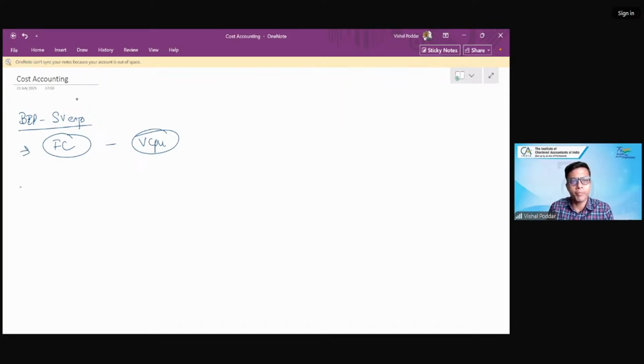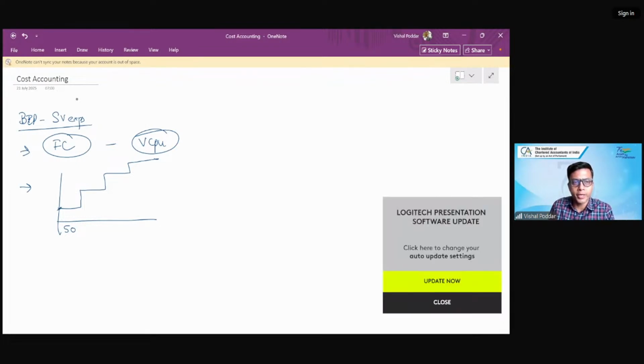But the second one, where your semi-variable cost is like this, in your case it is the production run cost. Let us say in one run, I can make, for example, 50 units. In one batch or in one run, I can manufacture 50 units. Now for the first 50 units, my cost is of one setup. Let us say one setup costs me 3,000 rupees.